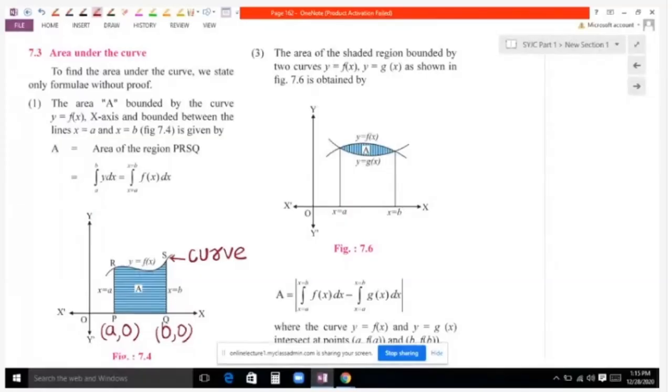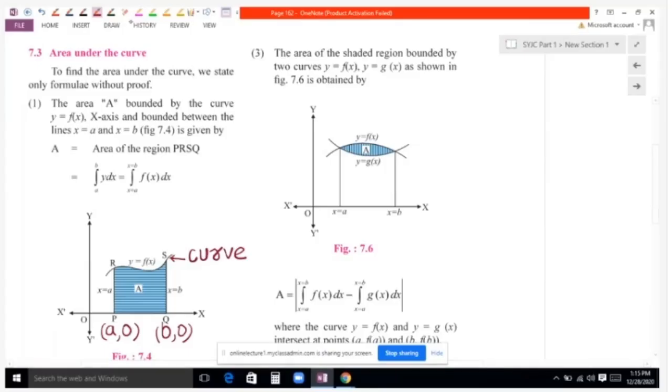And B will be considered as the upper limit. Remember, the smallest value will be the lower limit, the largest value will be the upper limit.